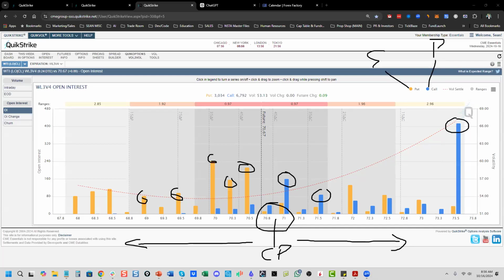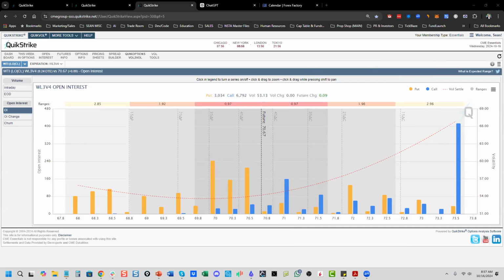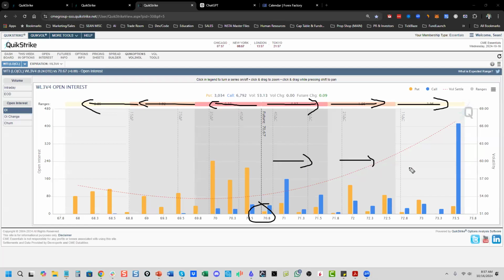Okay. Now let me ask you a common sense question. As I start getting outside of the bell curve, what do you think the levels start to become? If I start getting further and further from current price, what do you think?